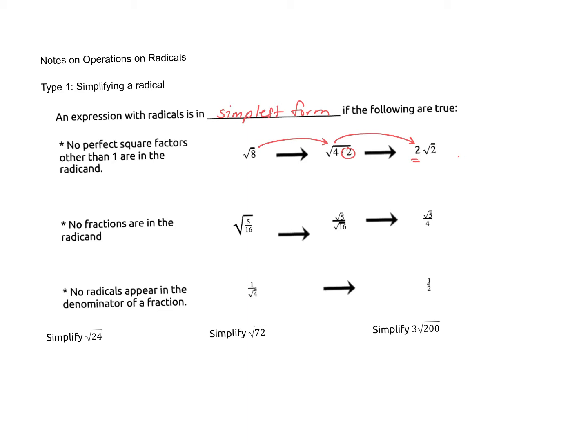The other way that we could model the same problem is to make a factor tree of 8. So 8 is 4 times 2, and 4 is 2 times 2. And since square roots and squares are opposite functions, we can take the 2 squared, the 2 can go out in the front, and the extra 2 that's hanging around gets stuck on the inside.